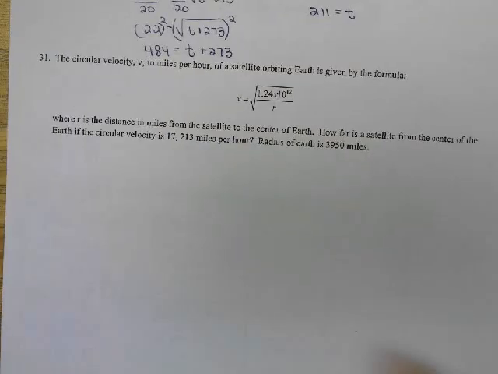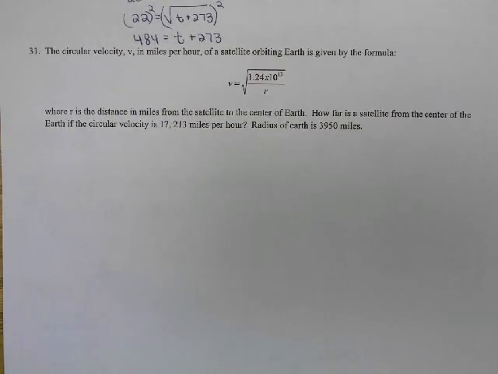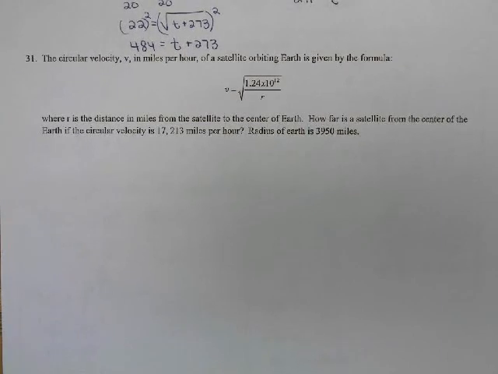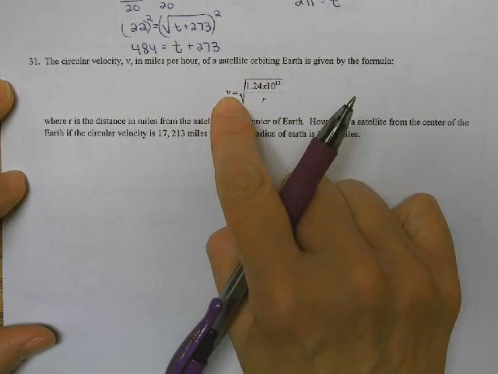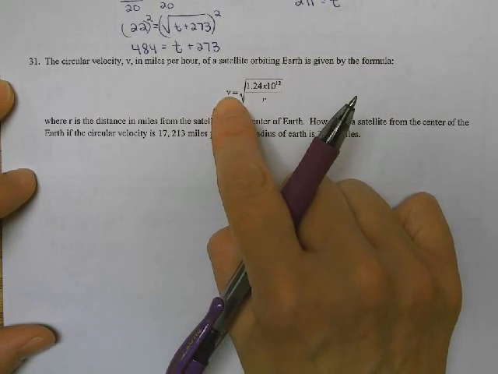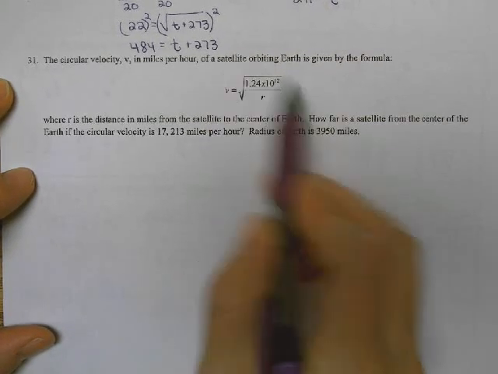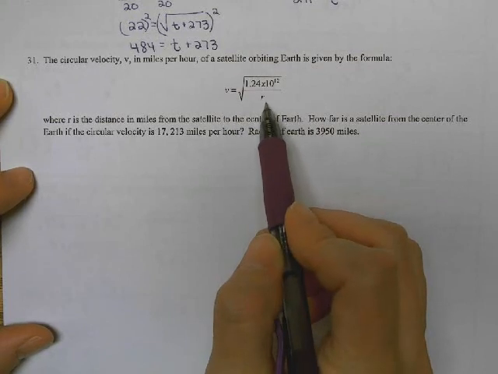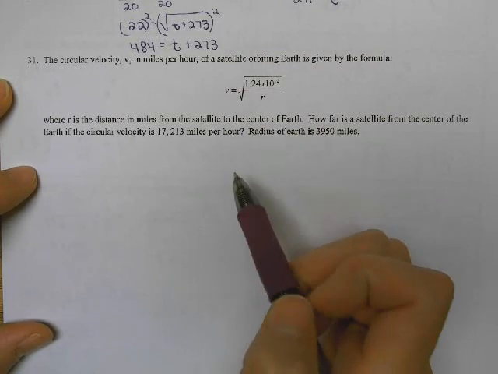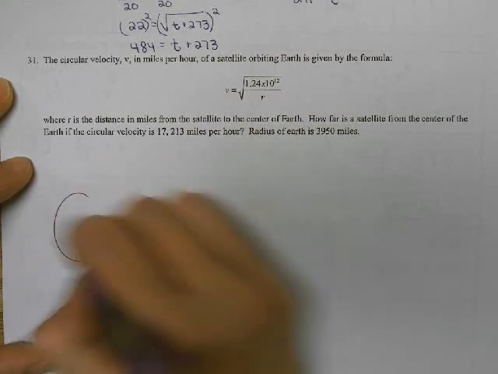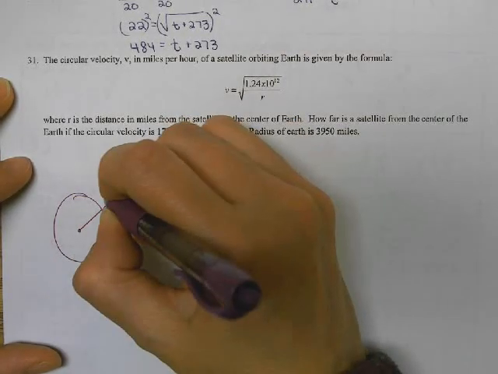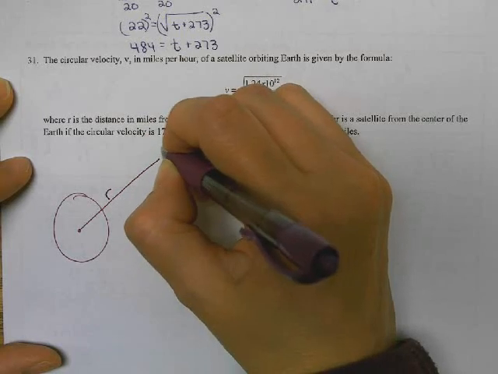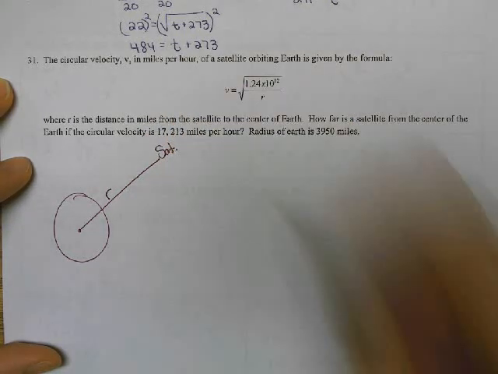Okay, we've got one more problem, 31. So again, it's an application problem. You're given this equation that says the circular velocity, v, in miles per hour of a satellite orbiting Earth is given by this formula, where r is the distance in miles from the satellite to the center of the Earth. So if I have Earth, here's the center, this is r to your satellite out here.